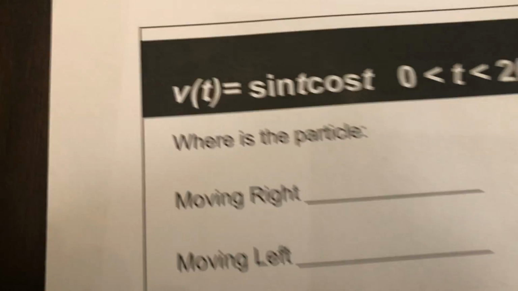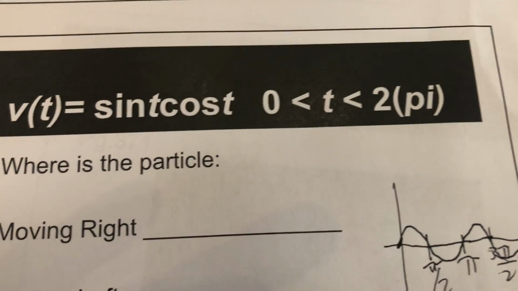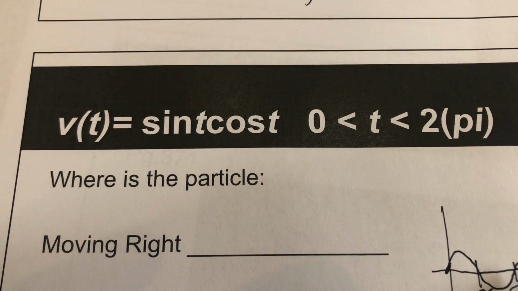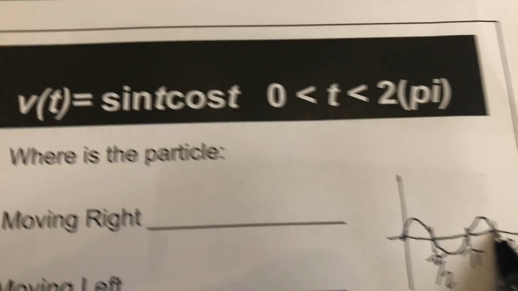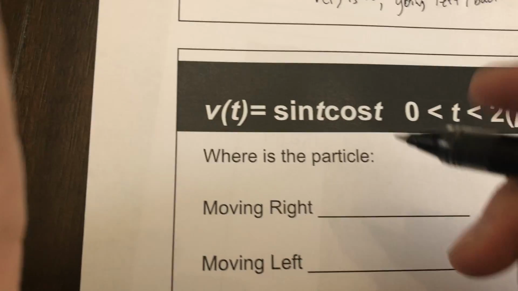So the first question is, when is this particle moving to the right? And there's several times where it's above the axis. Between 0 and pi over 2, between pi and 3 pi over 2. So these two parts where it's above the axis. So we need to write that.